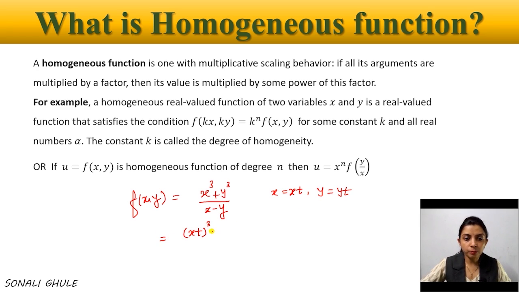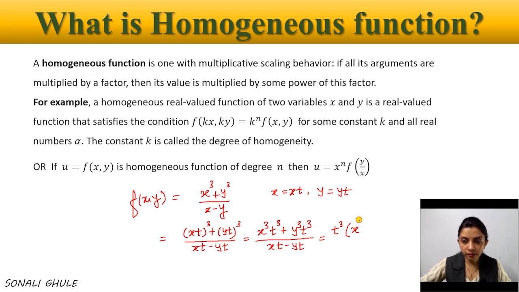xt whole cube plus yt whole cube upon xt minus yt. Okay. Now here, if you open this cube, it will go to each term: x cube t cube plus y cube t cube upon xt minus yt. Now in the numerator you can check t cube is common.